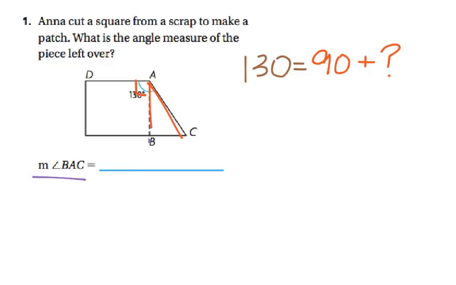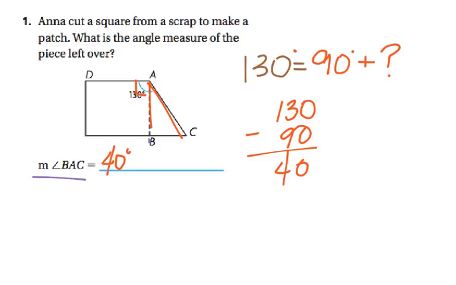So we know that 130 degrees is equal to 90 degrees plus our unknown angle. What can I do to figure out the unknown angle? Well, I can subtract 90 from 130. When I do that subtraction, I get 40. So therefore, my unknown angle measure is 40 degrees.